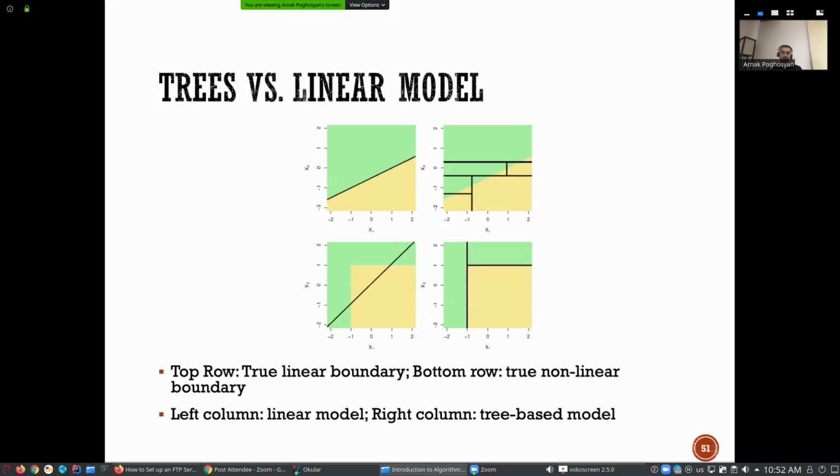When classes are linearly separable, then of course linear methods like linear regression, logistic regression or LDA work excellently. The first example on the top left is based on logistic regression or LDA, and the right one is decision trees, dividing the domain by stratification or segmentation into regions where you can predict green ones and yellow ones.